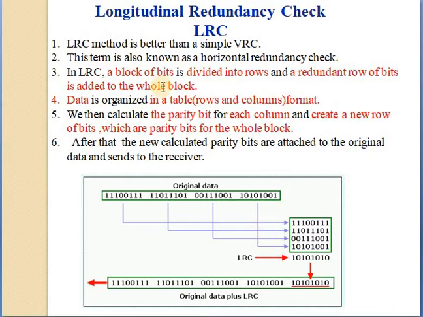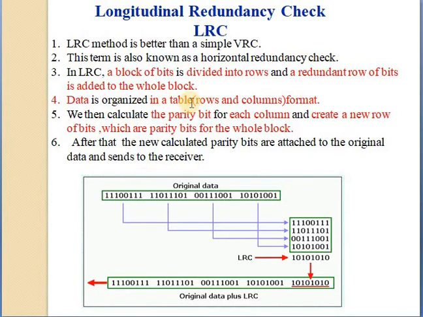First point is the longitudinal redundancy check, or LRC. LRC is a better method than a simple VRC, that is vertical redundancy check. The LRC is also called a horizontal redundancy check. In LRC, a block of bits is divided into rows and a redundant row of bits is added to the whole block.